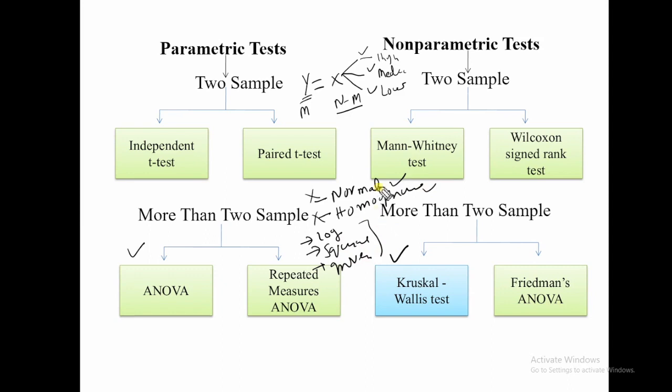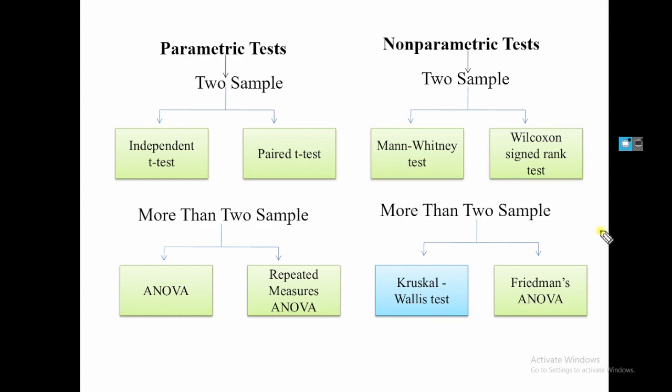If my data is still not normal, not homogeneous, then I will use the Kruskal-Wallis test. We should not use the Kruskal-Wallis test directly. If my data is continuous but not normal, not homogeneous, then we should use the Kruskal-Wallis test. It is the same as analysis of variance.